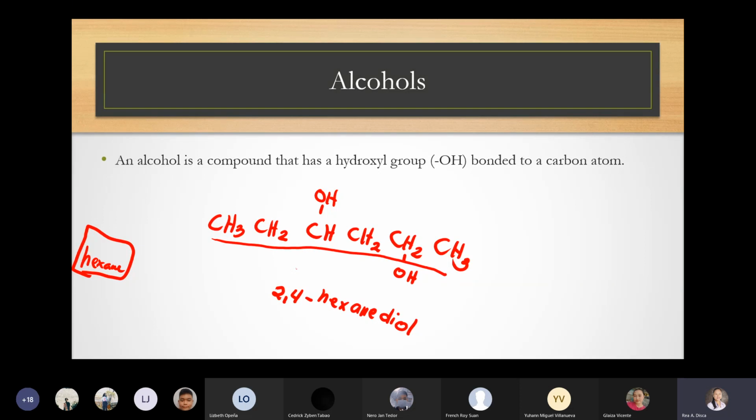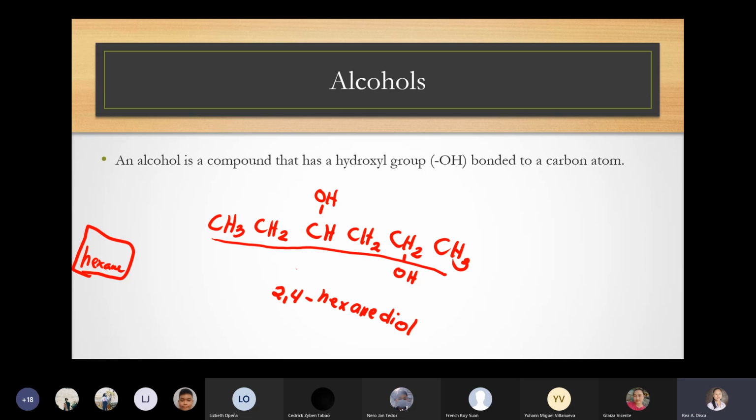So it can increase the risk of developing cancers of the mouth, esophagus, throat, liver, and also breast. So it can also weaken our immune system, making our body more prone to diseases like pneumonia and tuberculosis. So those are the effects of alcohol in the body.